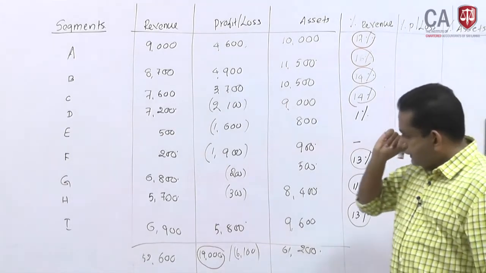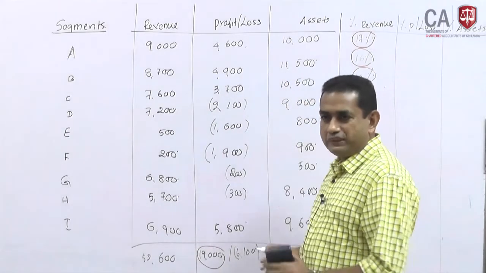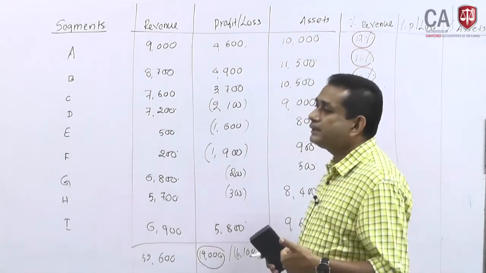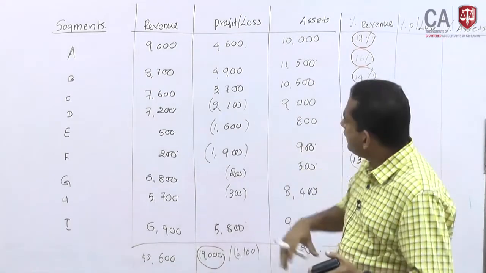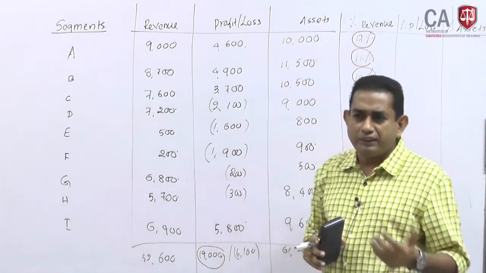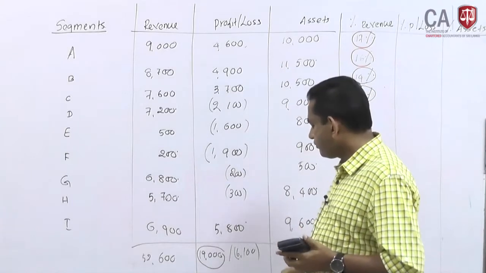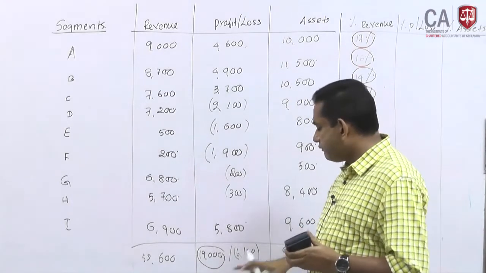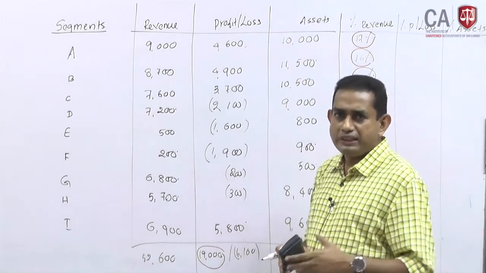Then what you do is, indiscriminately, irrespective of whether a particular segment has been at a profit or a loss, all these numerical figures will be divided by the higher of these two and see what the percentage is.